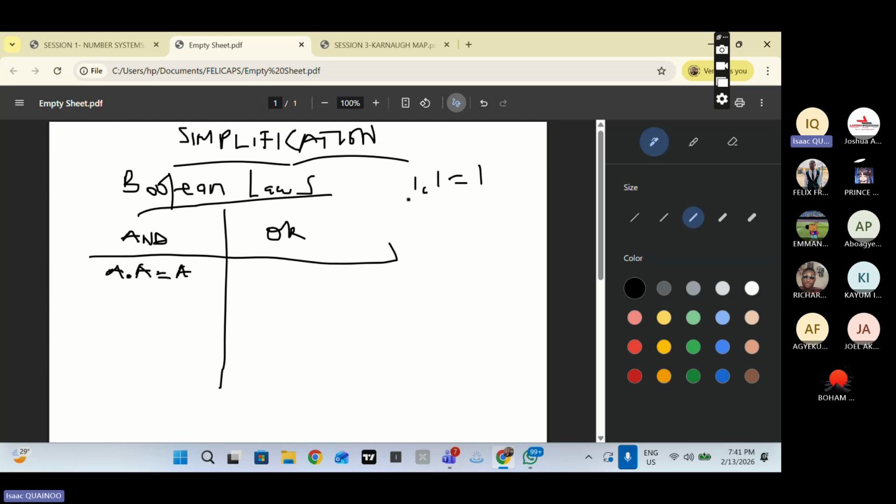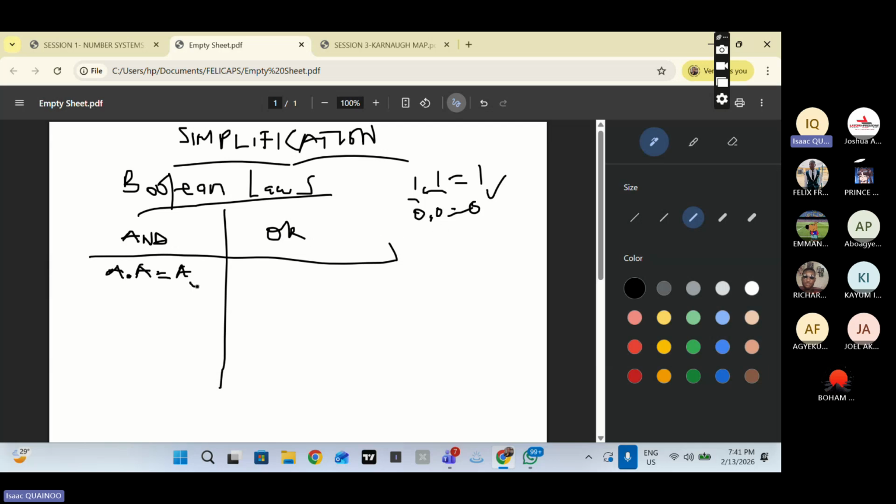Here both inputs are true, so your output of course will be true. So you can see that A and A will give you A, right? Assuming your inputs are also 0 and 0, your output is going to be 0, because the AND operator only returns a true if both inputs are true. If even one input is false, the output is also going to be false, okay?